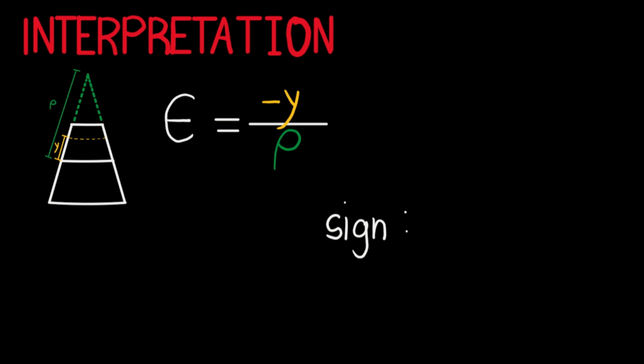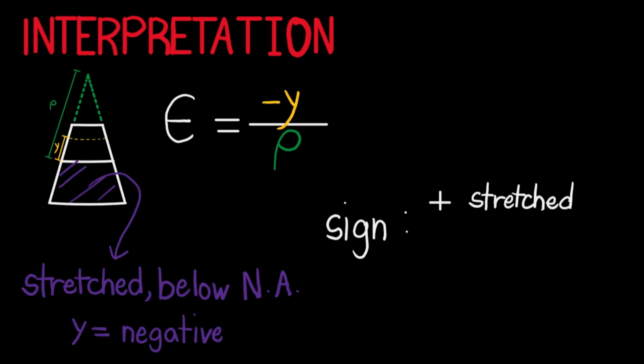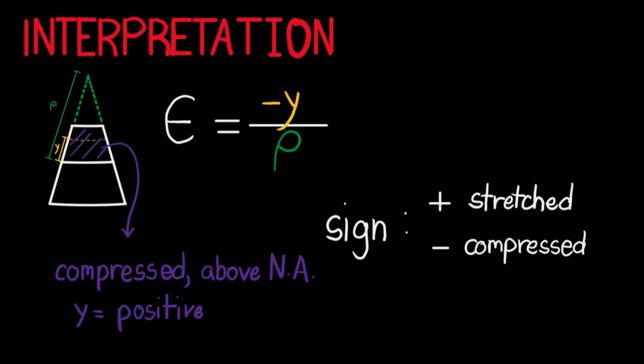Now, let's interpret the equation one step at a time, and let us start with the sign. From the way we derived it, if epsilon is positive, it means that the fiber is stretched because y is below the neutral axis. Negative times negative is positive. Conversely, if epsilon is negative, it means the fiber is compressed because y is above the neutral axis.